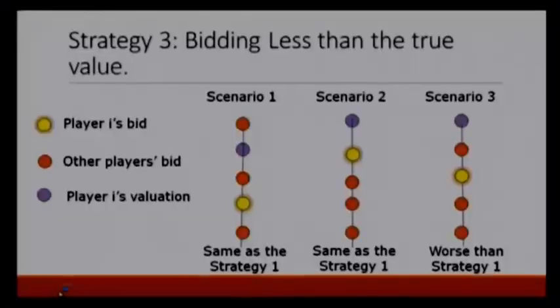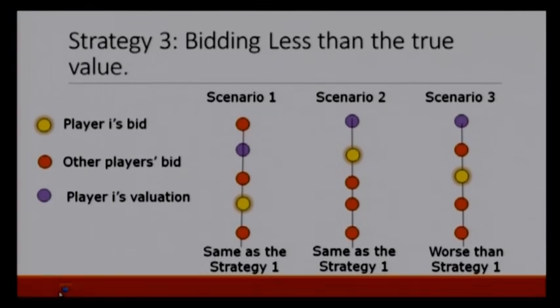Okay? Now, let us move to the third type of bidding strategy, in which a player bids less than the true value. Again we have 3 scenarios. In scenario 1, his bid is not the highest, but in this case also we are taking that his valuation is also lower than the highest bid.